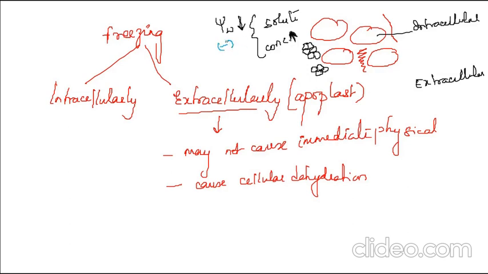We always know that water moves from higher water potential to lower water potential. Outside the cell, water potential has lowered, so from inside the cell the water will come out, from higher water potential to the lower water potential. Because ice has first formed in the extracellular region, it will later form in the intracellular region. Once the ice has formed in the extracellular region, it will cause the release of water from the cell.